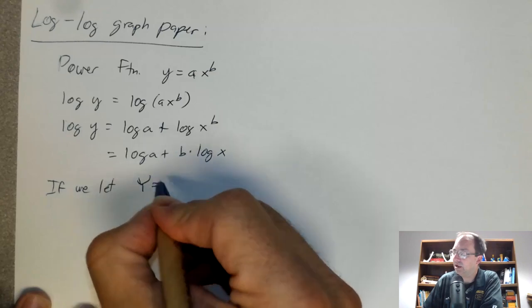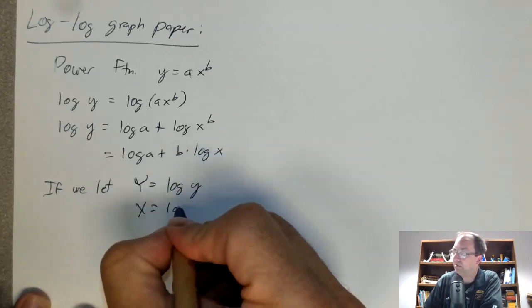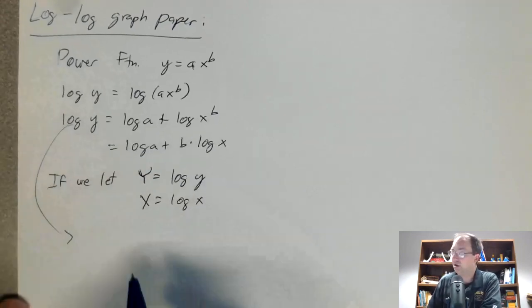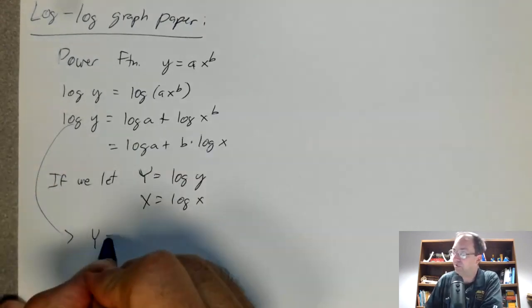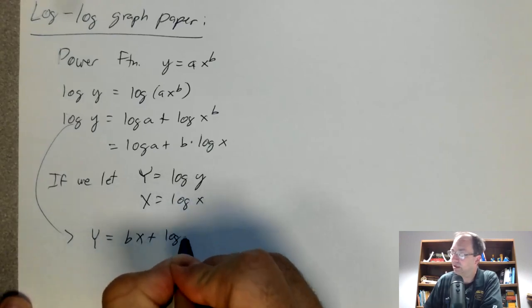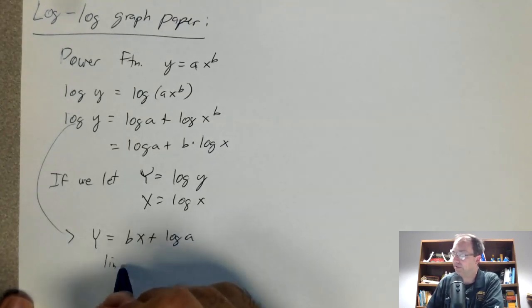And so if we let capital Y equal log of y and capital X equal the log of x, then notice our new equation is capital Y equals bX plus log of a. And so now we have a linear equation.